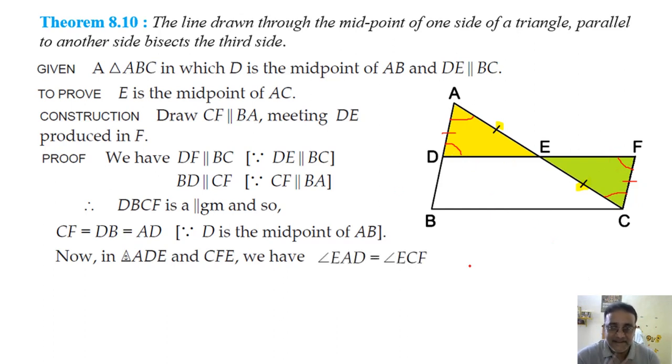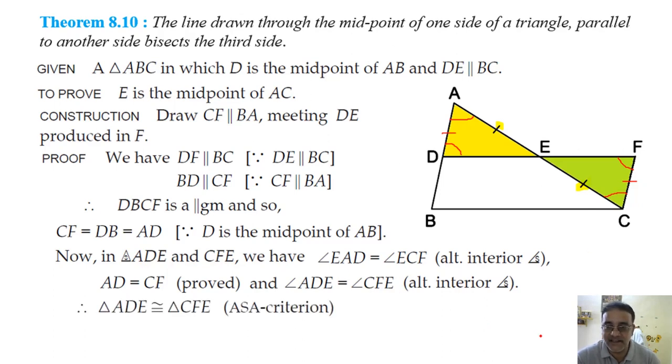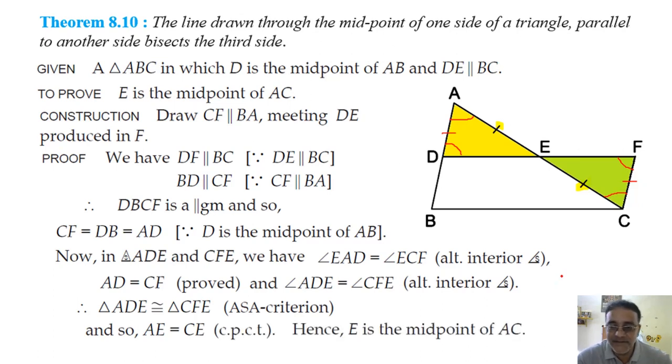So we'll take one by one: angle EAD is equal to angle ECF, alternate interior angles. The second, AD is equal to CF, proved above. And the third, angle ADE is equal to angle CFE, alternate interior angles. So these two triangles are congruent by which criteria? ASA criteria. So AE is equal to CE by CPCT. That means E is the midpoint of AC.